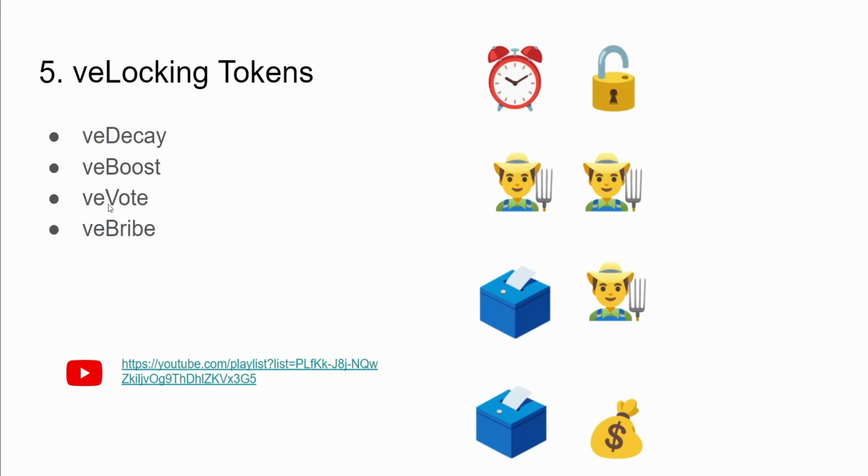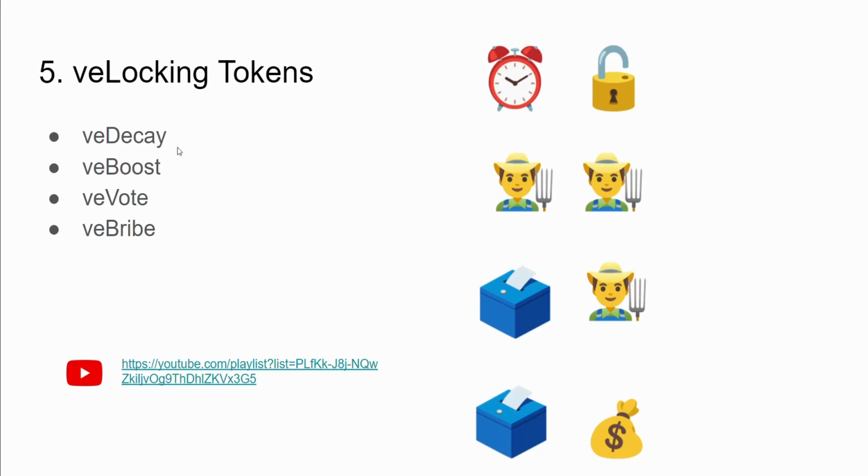Now, a lot of protocols also require you to VE lock in order to be able to vote, okay? That's the main utility, the starting utility of most tokens, and why most tokens are called governance tokens. The idea is if the protocol wants to change something, they want it to be decentralized. They want the changes to be decided by everyone in the community as a democracy.